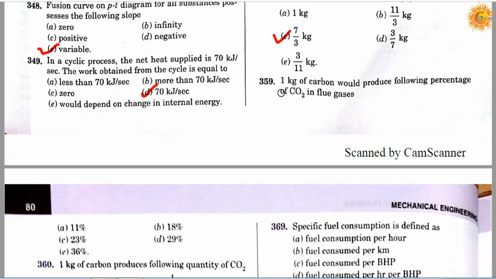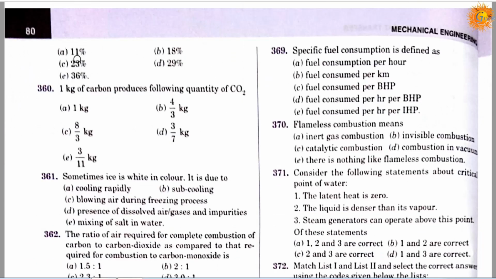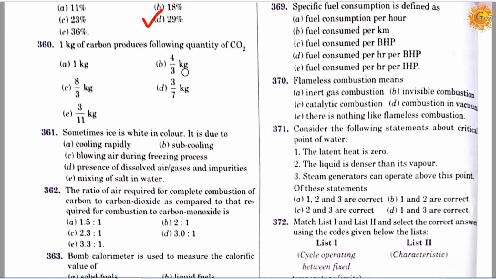Question number 359. 1 kg of carbon would produce following percentage of carbon dioxide in flue gases. Option A is 11%, option B is 18%, option C is 23%, option D is 29%, option E is 36%. So the correct answer is D, it will be 29%.